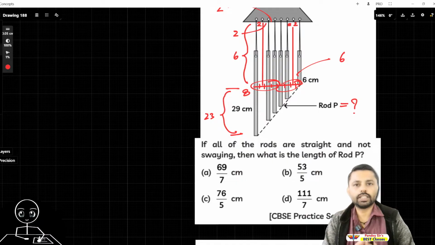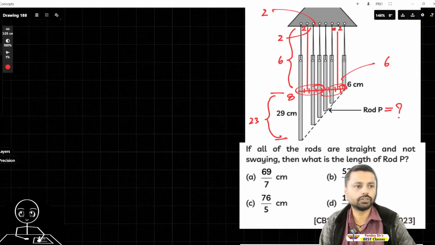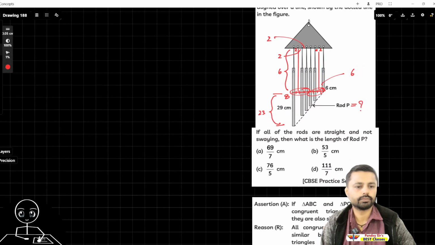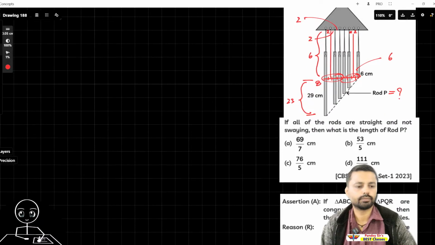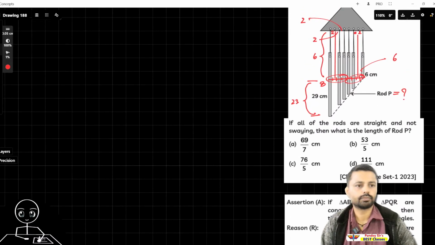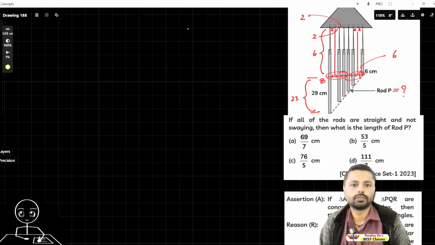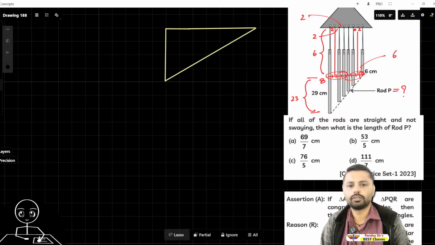Now I have the data. I'll make the entire diagram once again so that it will be easy for you. Okay. So pay attention to how I'm doing it. So let's make that thing, and let's make the triangle a bit bigger.